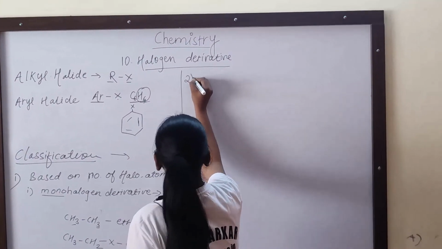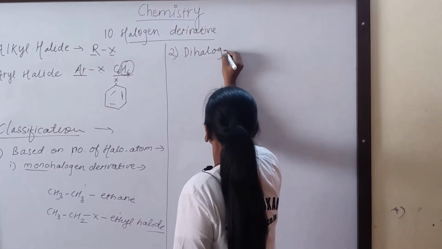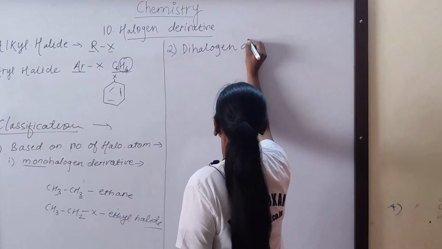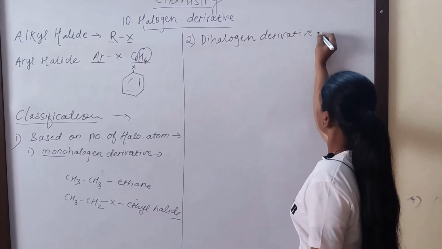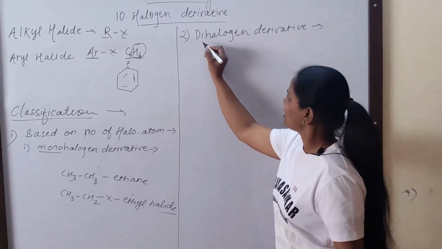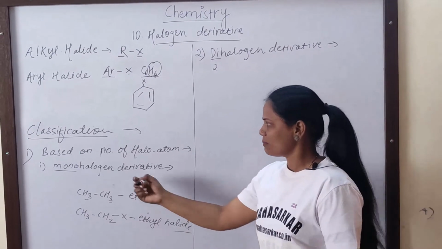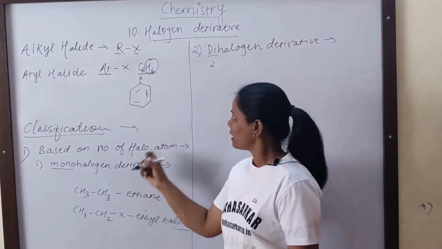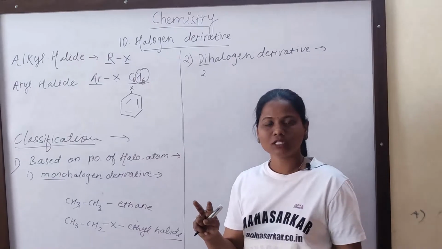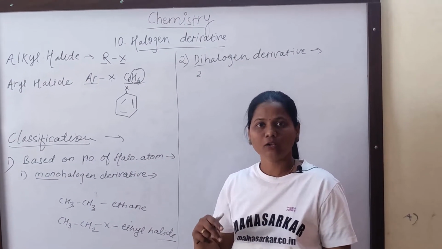Let us move forward to see the second type, that is dihalogen derivative. Now what will be the meaning of dihalogen derivative? Dihalogen means the word di is used for two halogen atoms. Similarly, how we have replaced here one hydrogen atom by one halogen, here also two hydrogen atoms of the hydrocarbon are replaced by two halogen atoms.